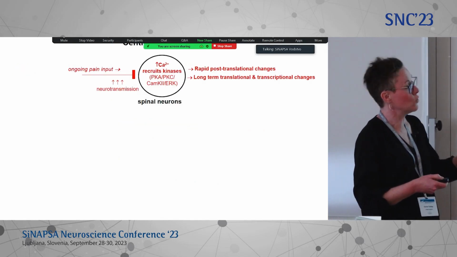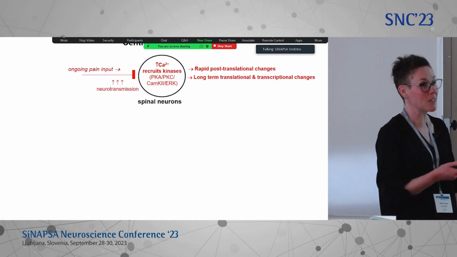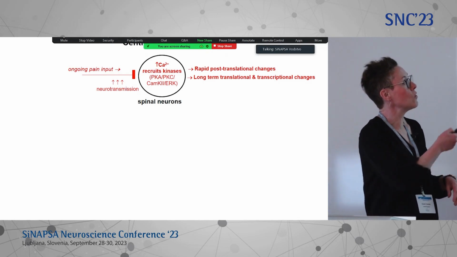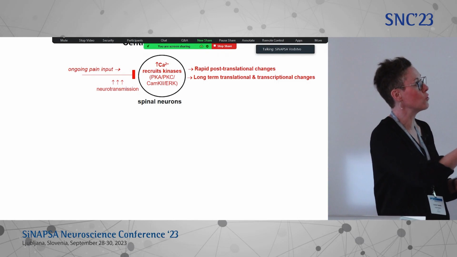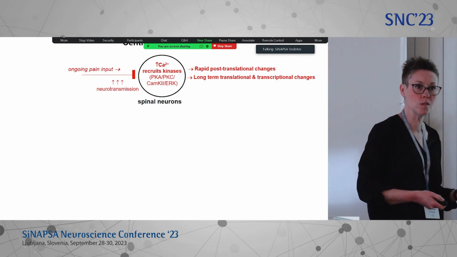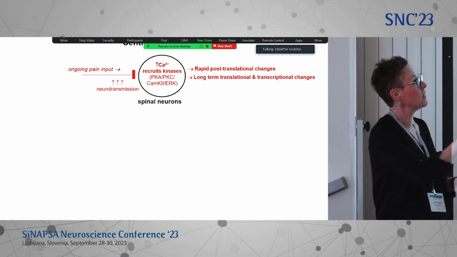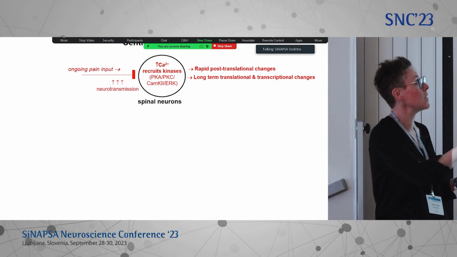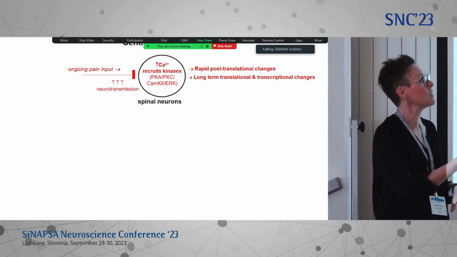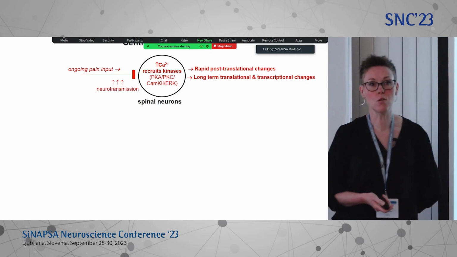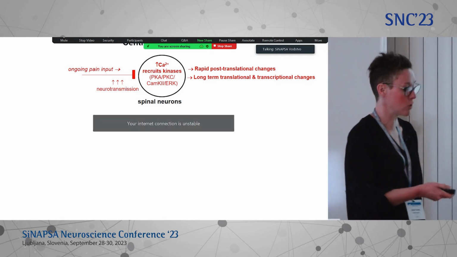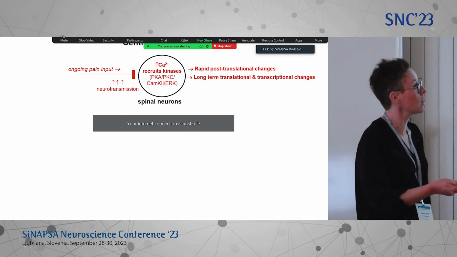So now we'll look at central sensitization. So that ongoing pain input will amplify neurotransmission with spinal neurons, and that elevates intracellular calcium levels that will recruit kinases, that will drive rapid post-translational changes as well as long-term translational and transcriptional changes.